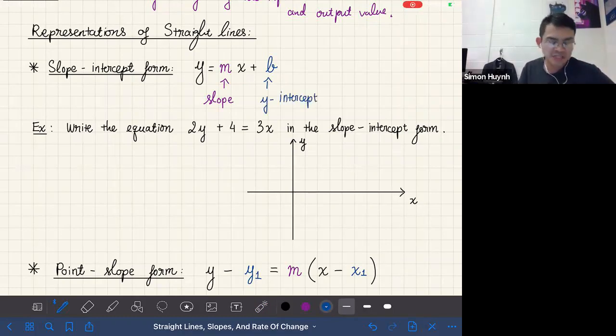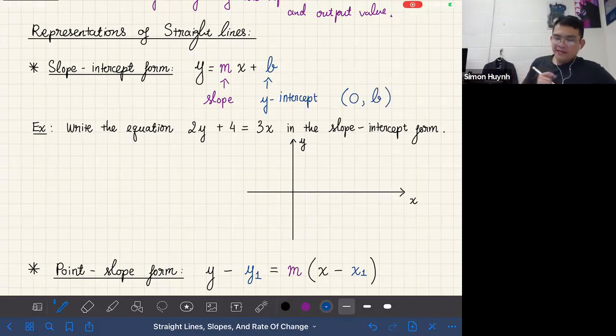The y-intercept is just where your function intersects or touches the y-axis, and that is where the x value of that point is equal to 0. So don't get confused. The y-intercept is where the x value is 0. So the y-intercept here is the point x equals 0, y equals little b.